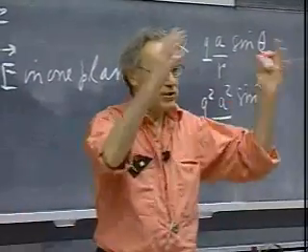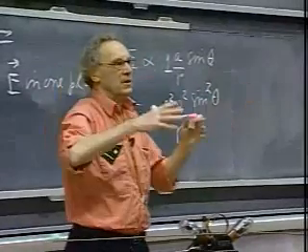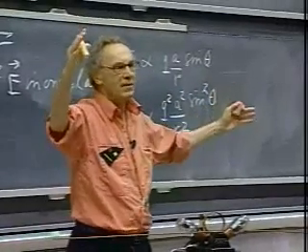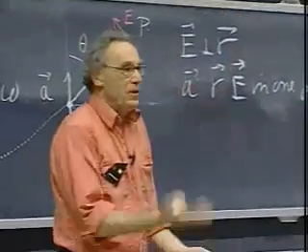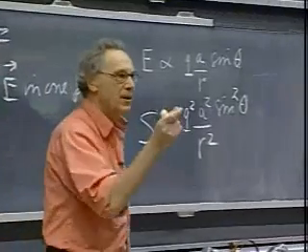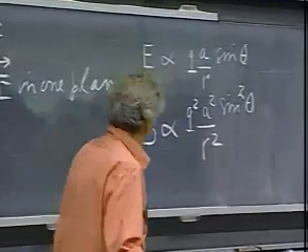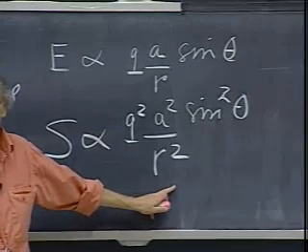Because if you have a sphere and radiation goes out, and you're twice as far away, then you know that the area of the sphere is 4 times larger. And so the amount of energy per square meter must be 4 times lower. So the Poynting vector must fall off as 1 over r squared. That's conservation of energy.